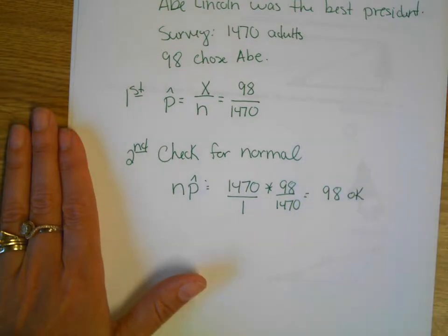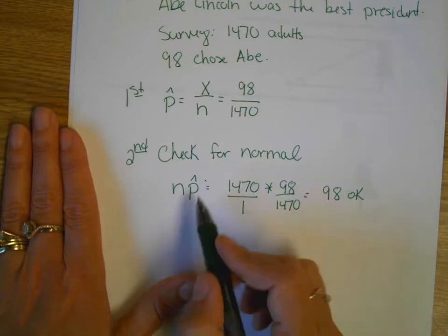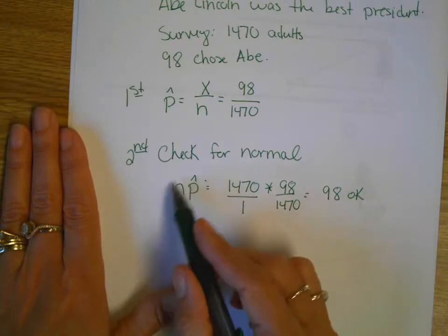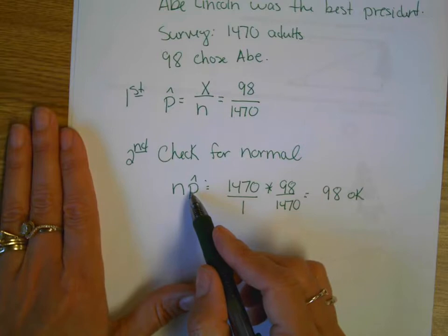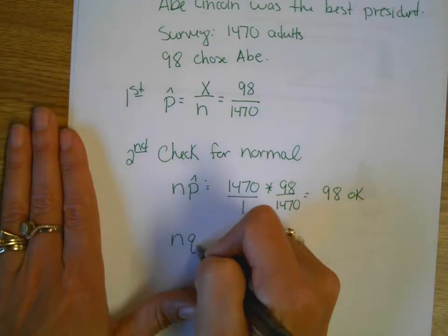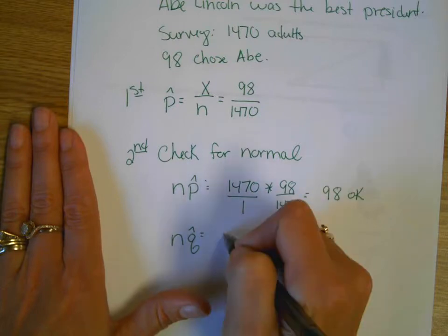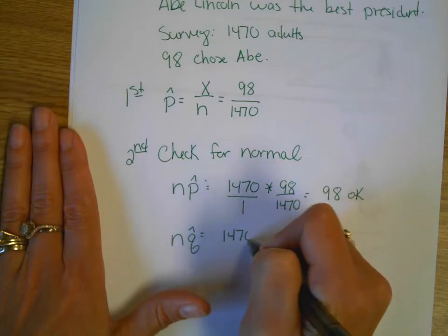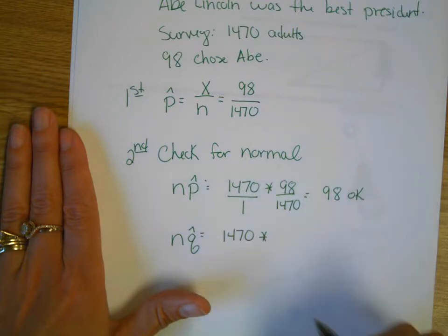So 98 is okay. It cancels out. So when they said do n times p hat, the end result is the number of successes. Now we check n times q hat. What do you think q hat is? Failures. How many failures were there?